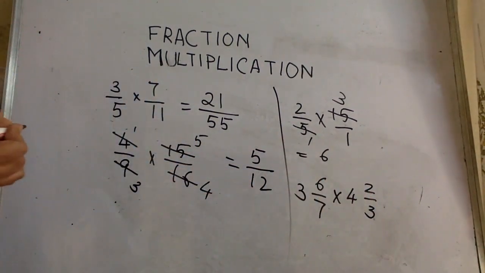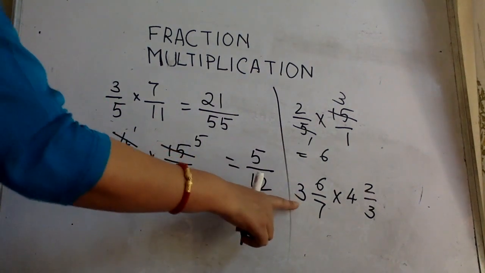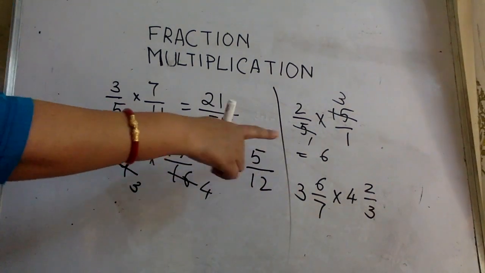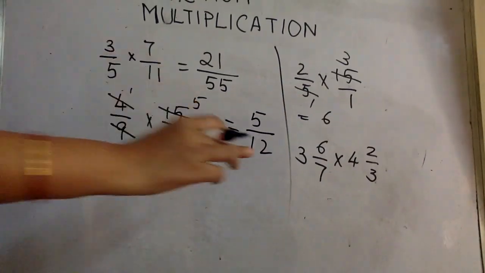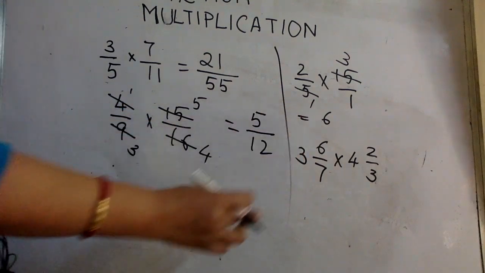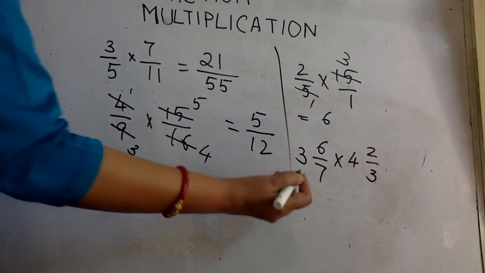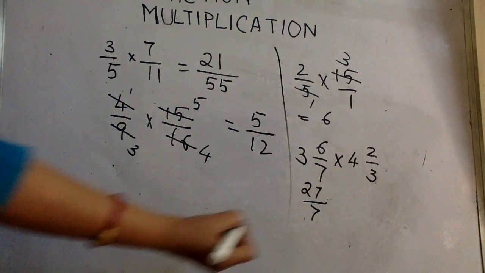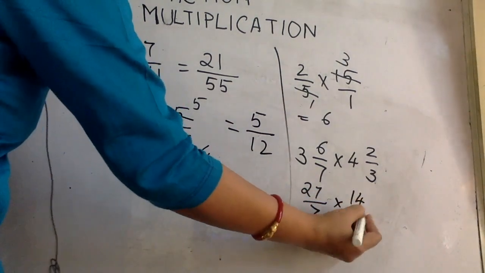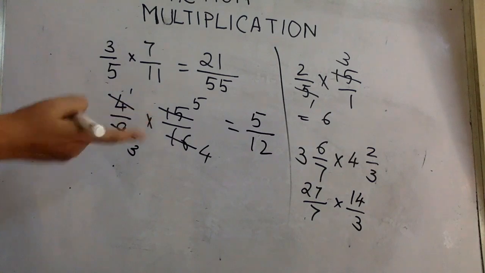Now what do we do about this? 3 6 by 7 and 4 2 by 3. 7 into 3 is 21, we are converting mixed to improper. That makes it 21 plus 6, so that is 27 by 7 into 12 plus 2, 14 by 3. So we have converted mixed to improper.